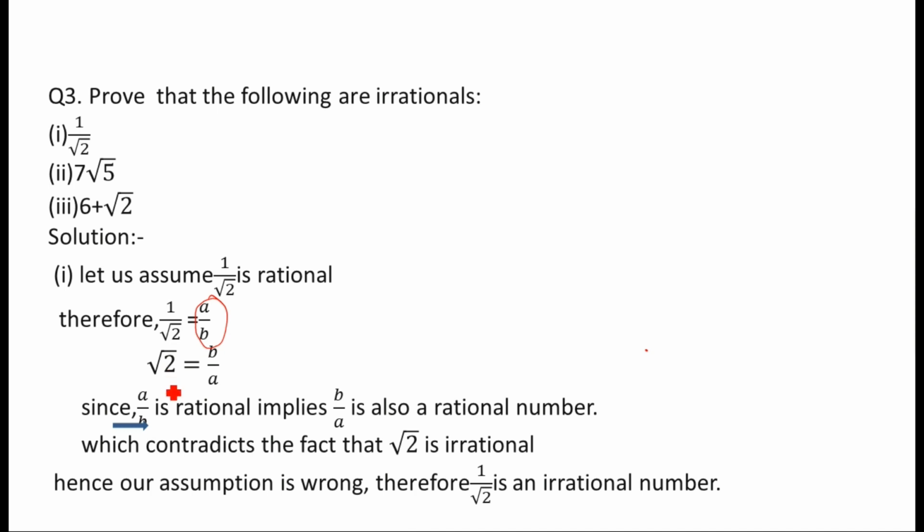Then root 2 is equals to b by a. A by b is a rational number, which implies b by a is also a rational number.